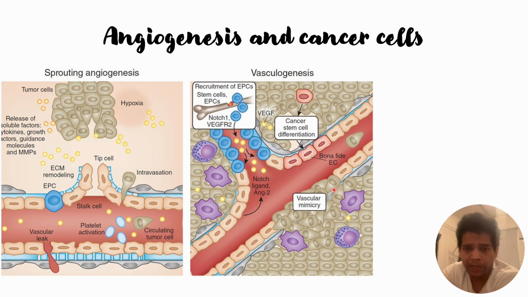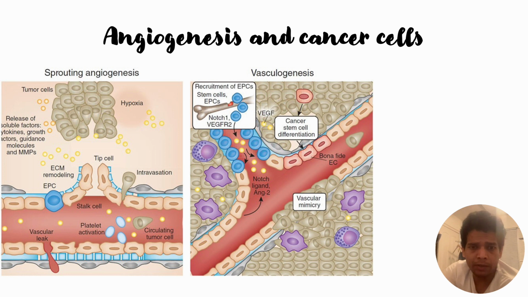So these bona fide endothelial cells will help in the uncontrolled growth at the hypoxic condition generated in this vasculogenesis condition. So this is another way by which angiogenesis and cancer cells are related.